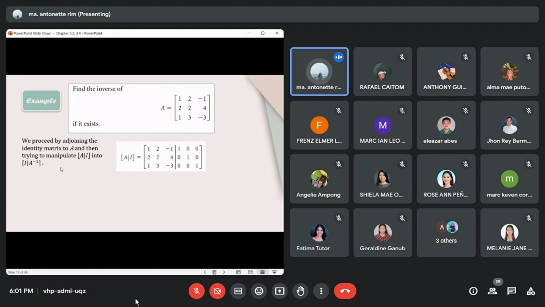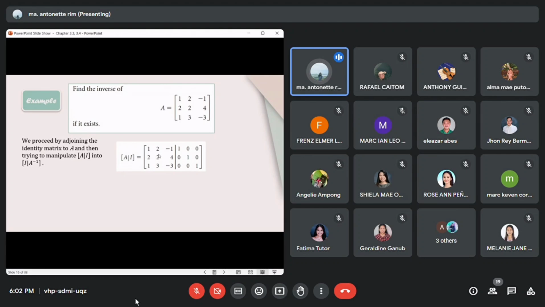So we have here 1, 2, negative 1, 2, 2, 4, 1, 3, and negative 3, and on the right side is our identity matrix, with 1 on the diagonal and the other elements 0. Our goal is to make the left side the identity matrix.